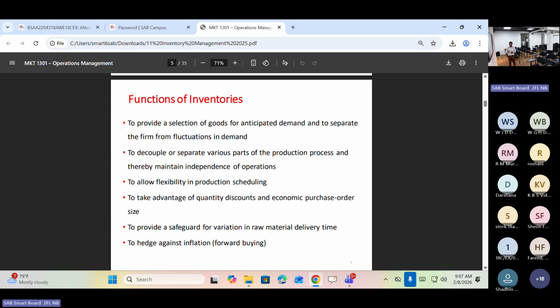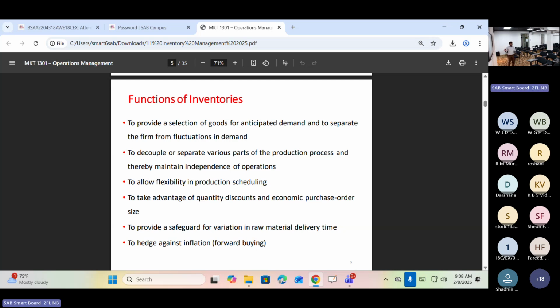There can be seasonal demands in certain months or quarters, where demand fluctuates over a period of time. To absorb the fluctuating market demand, they have to maintain some amount of inventories. That is the function of inventory: to provide a selection of goods for anticipated demand.